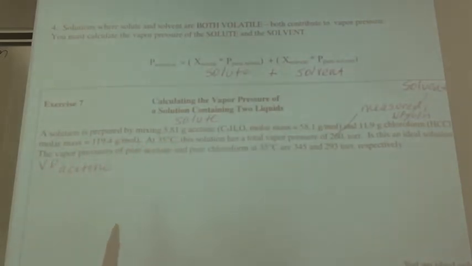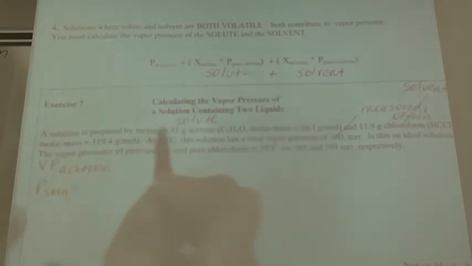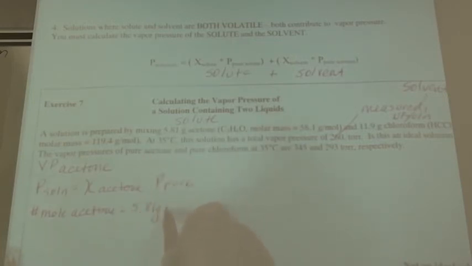So I want to find the vapor pressure of acetone, and that would be the pressure of that solution of acetone, equal to the mole fraction of the acetone times the pure. So for the mole fraction of the acetone, I'm going to need to know the number of moles of acetone. And that would be 5.81 grams divided by its molar mass, 58.1, which is 0.1 mole.